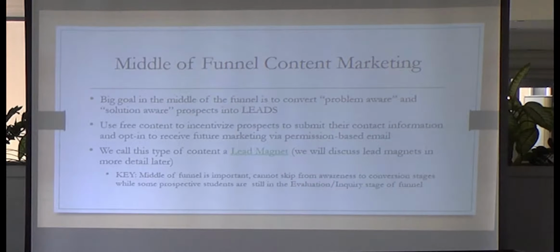The big goal in the middle of the funnel, using this tofu, mofu, bofu kind of classification, is to take people who are aware of a problem or aware of an issue or a goal that they have and move them into being a lead.